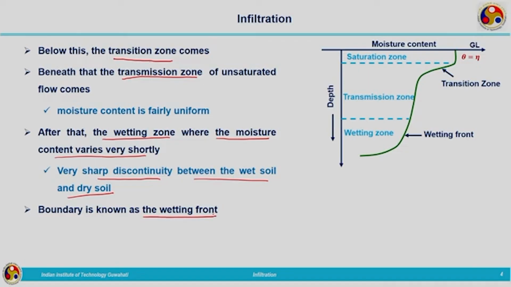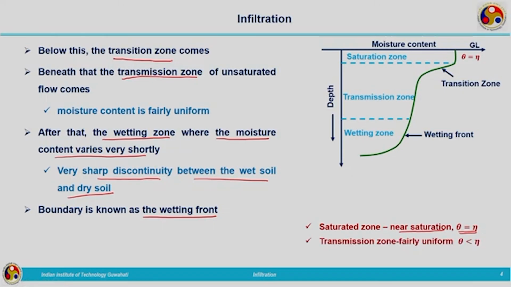So, we have seen the different zones, 4 zones in total, and we can write again the features related to these zones. The saturated zone is under near saturation. Approximately, theta is more or less equal to eta, the porosity value.